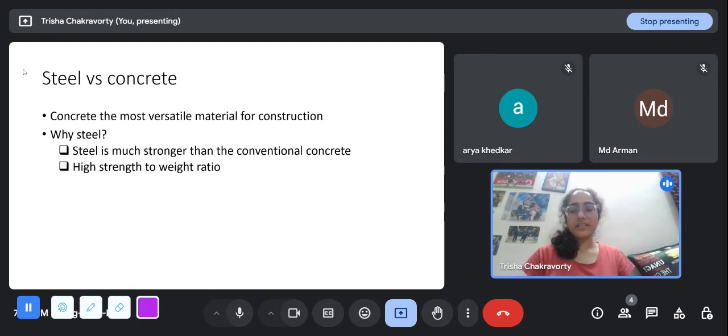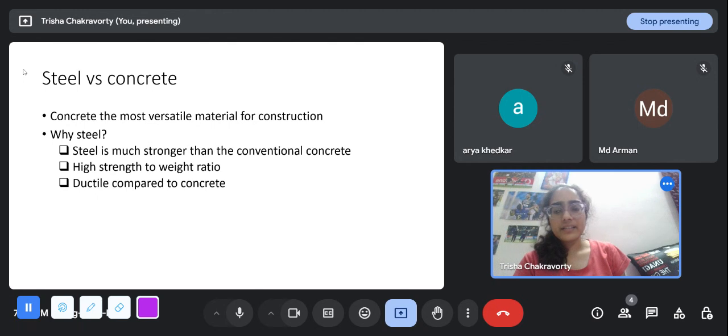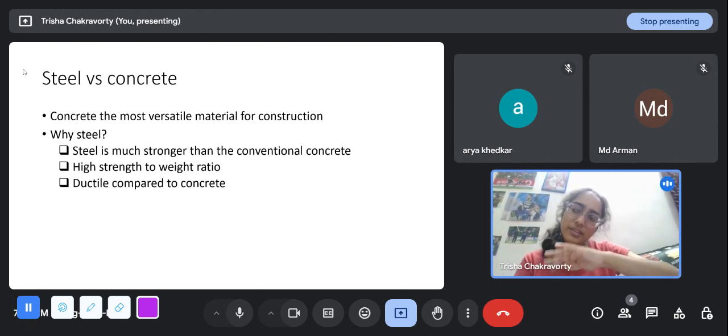So steel structures are generally lightweight, and steel is ductile compared to concrete. We saw the stress strain curve, which we will go over again. Steel allows a lot of strain to develop in the material before it actually fails. So even if it is about to fail, it will give ample warning time for people to evacuate or take action, or maybe even do repair work.